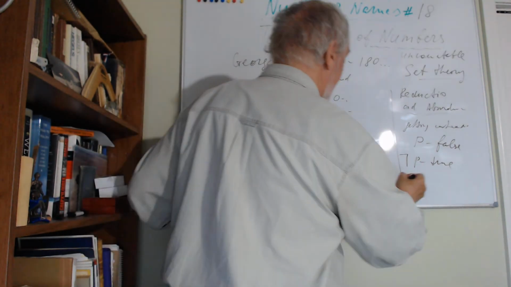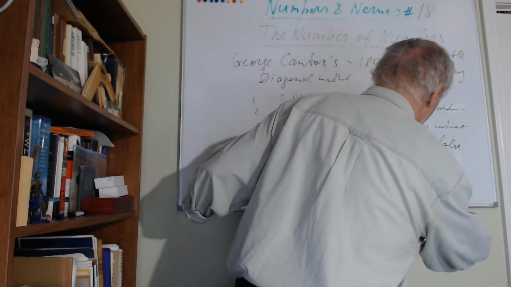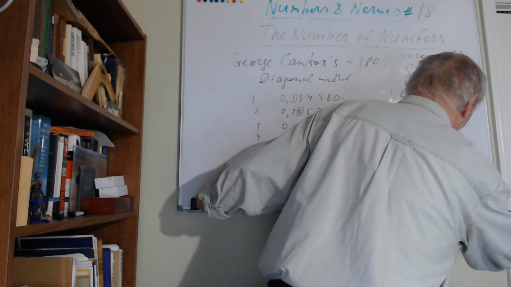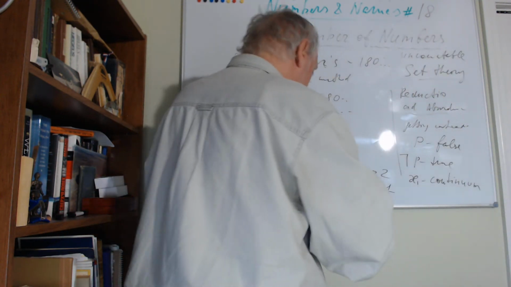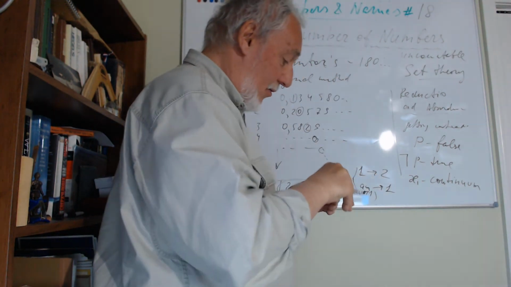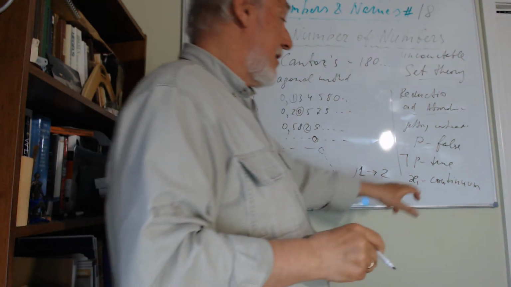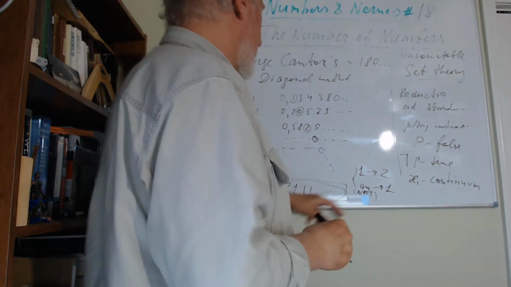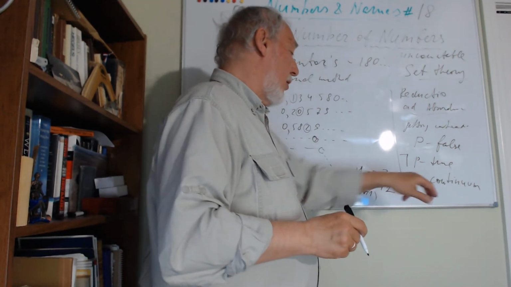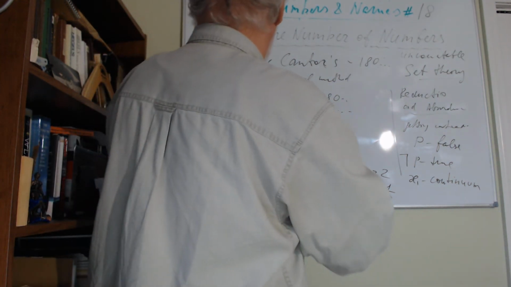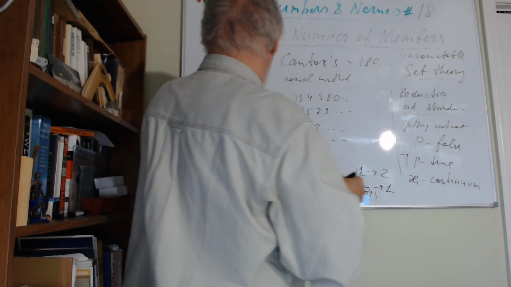So aleph 1 is called the continuum. So when you hear the name continuum, you now know that it is aleph 1. It's infinite, and it's proven that it is so infinite that it is infinitely bigger than aleph 0.